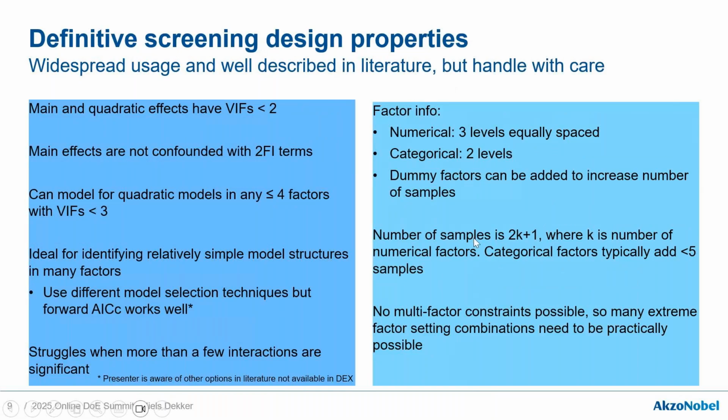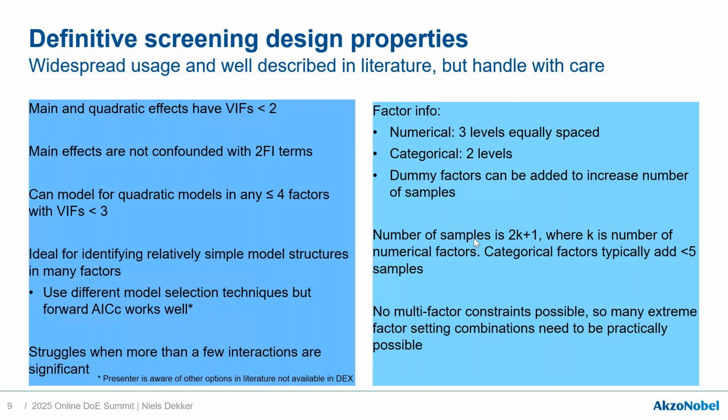So just a little bit about definitive screening designs, because of course the low number of samples looks very attractive. There are many literature papers written. Design Expert, of course, has information about these types of designs as well. So widespread usage, but you have to handle them with care. They are mainly used to estimate main and quadratic effects. The main effects are not confounded with interaction terms.